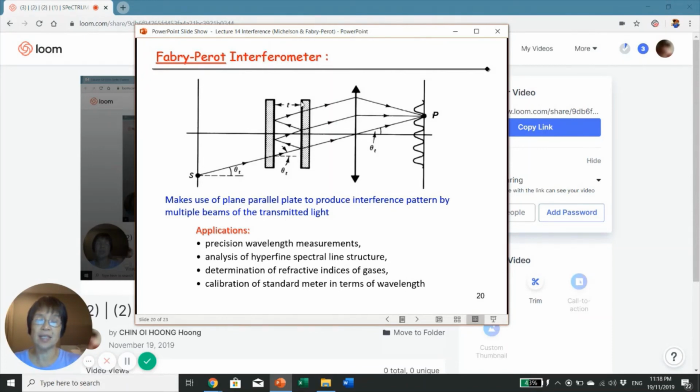Now this is partially transmitting and partially reflecting. This inner surface is also partially reflecting. So you get multiple reflections here, but some of the amplitude or energy of the beam would pass through, likewise here and here, and they are brought to focus by a converging lens.